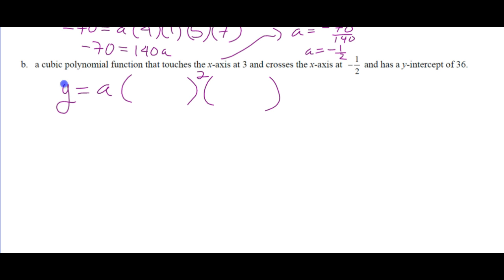And I got to fill this in, and this. Plug in my x's and y's, whatever I know. Solve for a, and then rewrite the equation at the bottom where it's y equals, and instead of a, you've got the value for a, right? Whatever that may be.